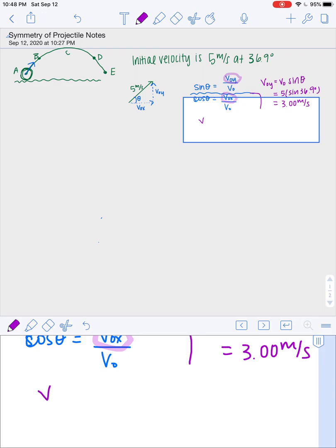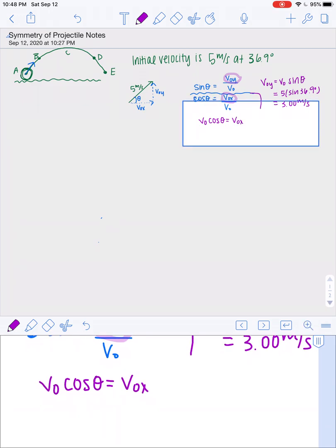And then if we solve this one, we get V0 times cosine theta will give us that x component. So 5 times the cosine of 36.9. My stylus isn't working, sorry. That should be a .9.